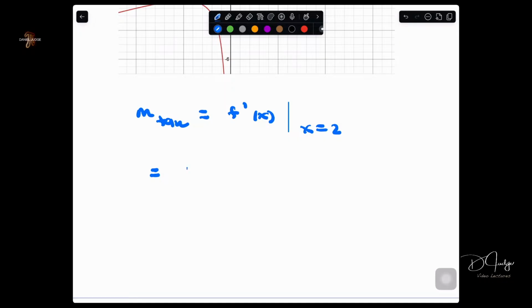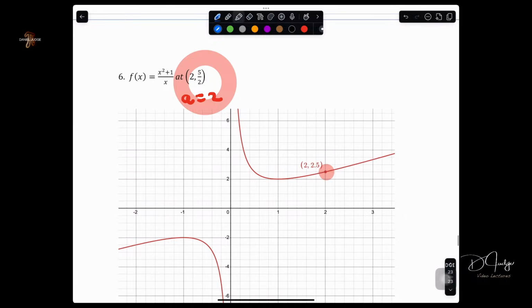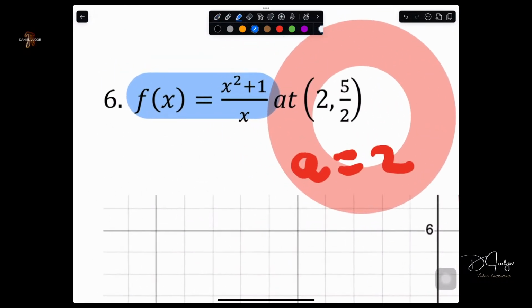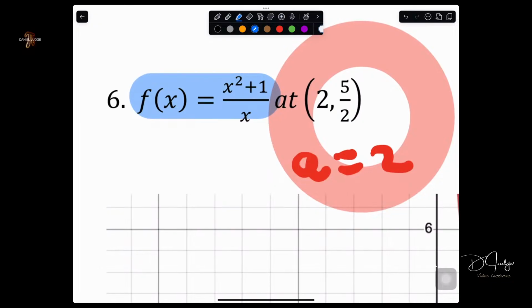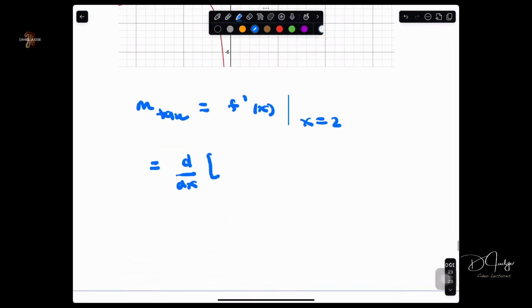So the function f is right up here: x squared plus 1 over x. So we're going to find that derivative of this particular function, x squared plus 1 over x.